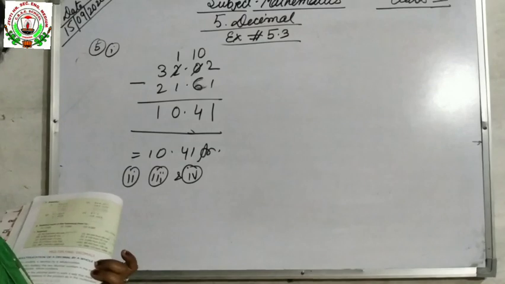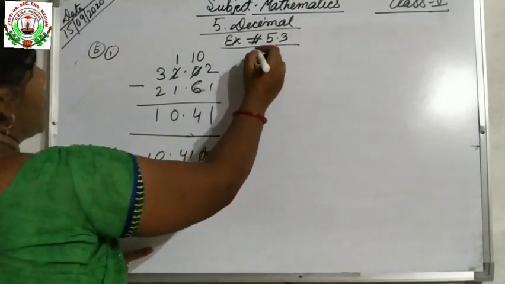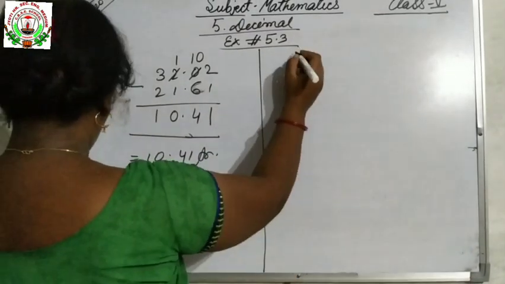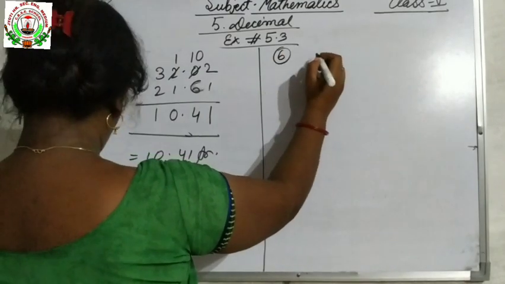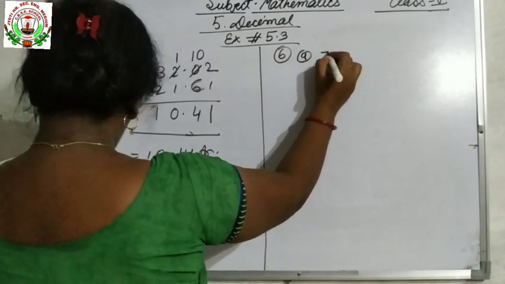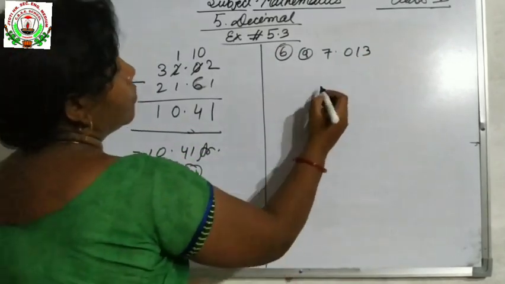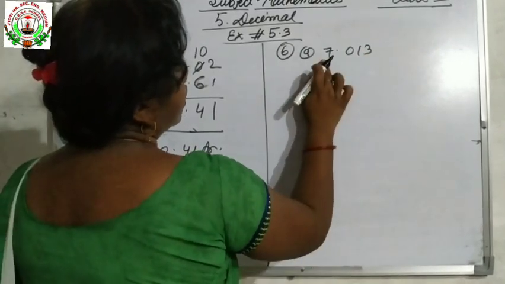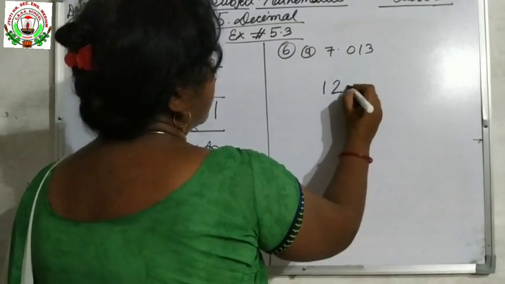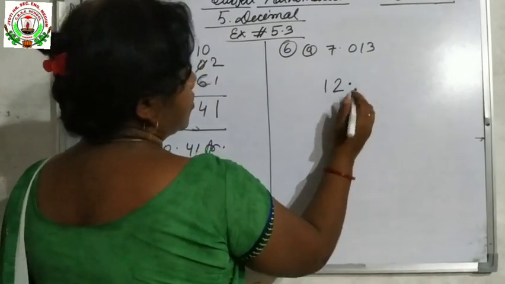Okay. Next we will see: subtract each of the numbers from 12. That is your question number 6. A is given 7.013. We have to subtract it from 12. So first we will write 12 because 12 is a greater number than 7. And after 12 no digit is given here, decimal is also not given here.